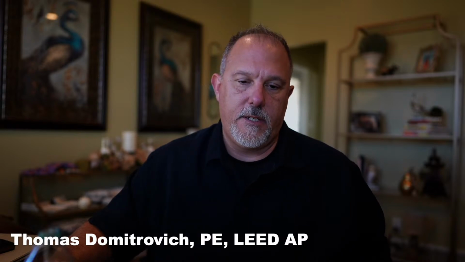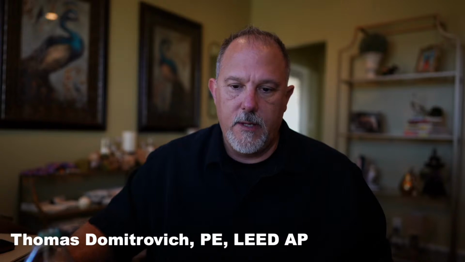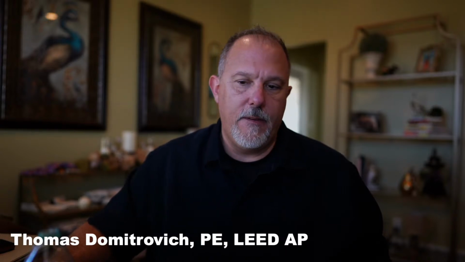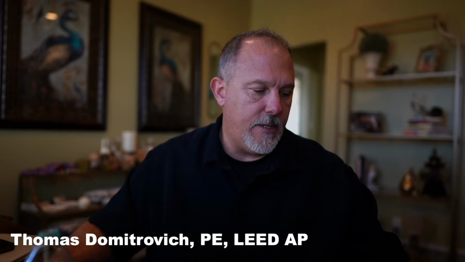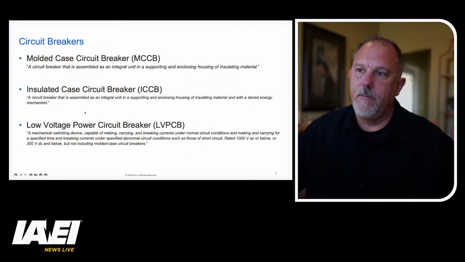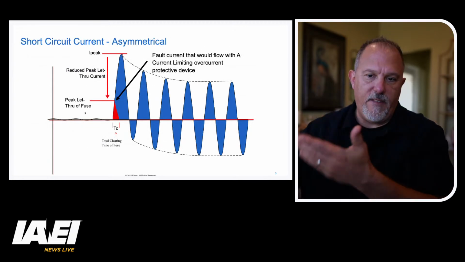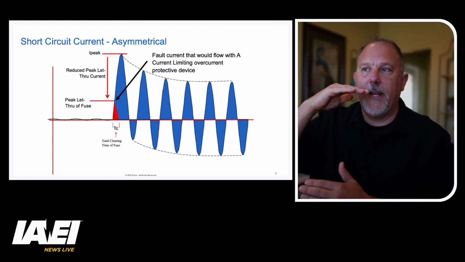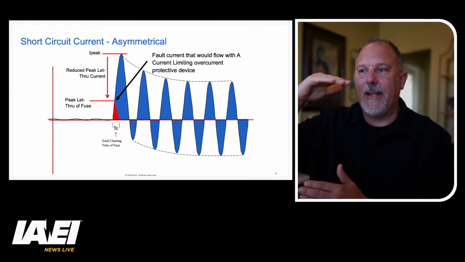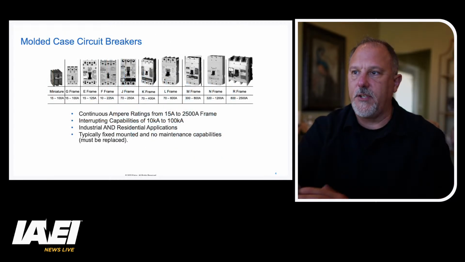Interrupting ratings. So let's talk about there are different types of circuit breakers. You have multi-case, etc. This is the waveform that we were just talking about from an interruption perspective, about hitting and bringing down that peak down to a lower value, removes the stresses.